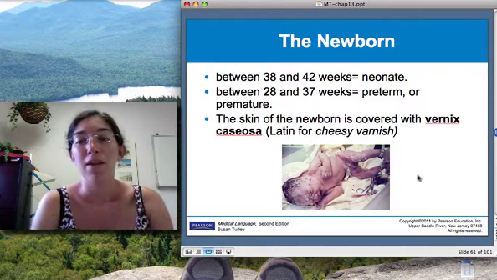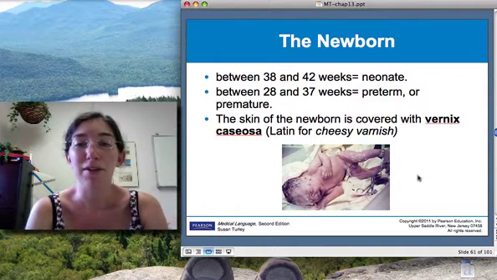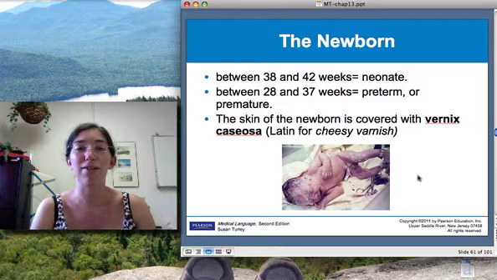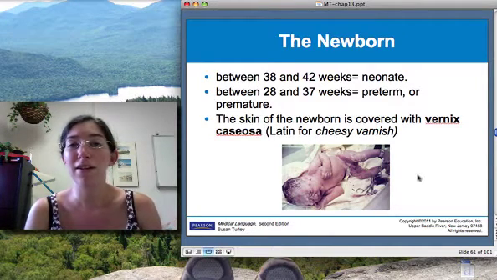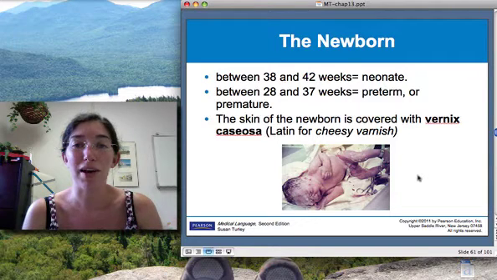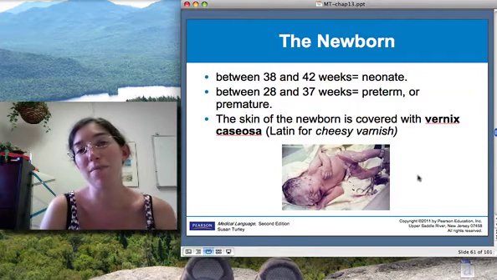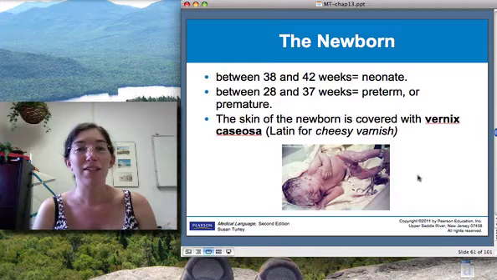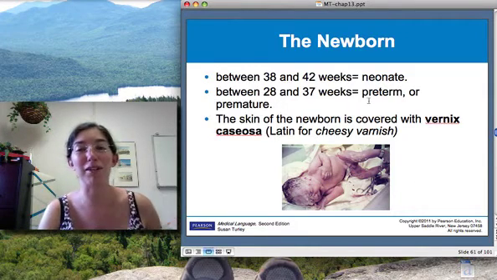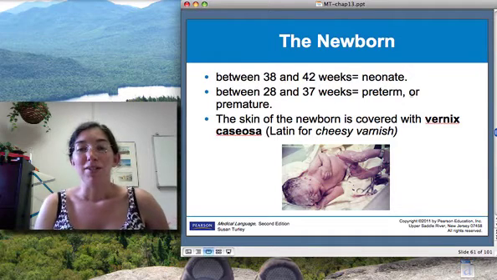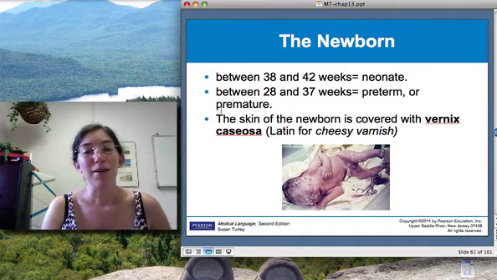And I guess the time period there is between 28 to 37 weeks. So anything before 28 weeks is not likely to survive, but 28 weeks and beyond, there are some decent chances of survival, let's put it that way. The chance of survival increases. And you can still have a healthy preterm labor.